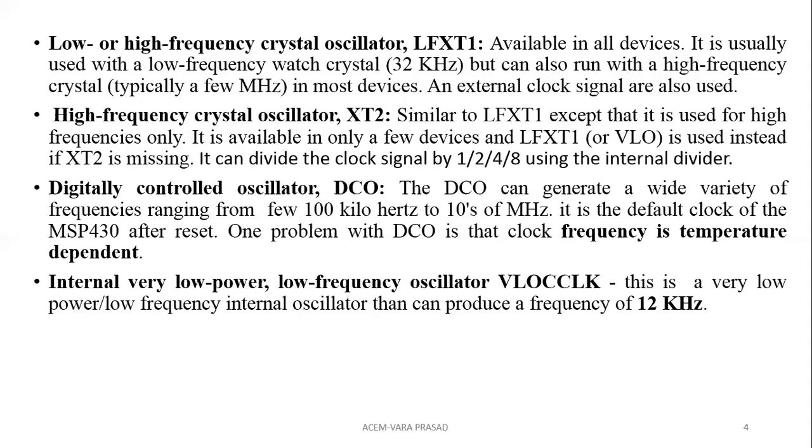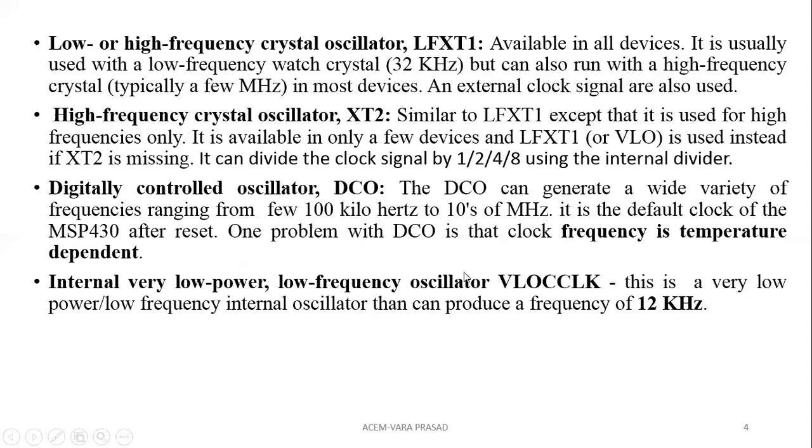But this DCO has a disadvantage: its clock frequency changes with temperature. That means if the temperature changes, the clock frequency also changes. That is a disadvantage of the DCO.